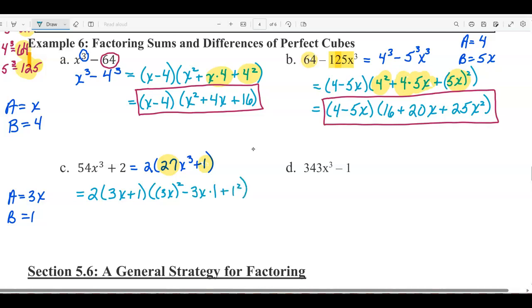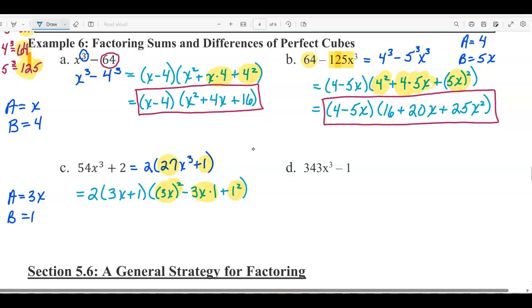So anytime you have more than one term, you want to make sure that you're putting it in parentheses. We can simplify here, here, and here. So one more step to be able to rewrite this, to simplify it. So I have 2 times 3x plus 1. So 3x squared is 9x squared minus 3x plus 1.